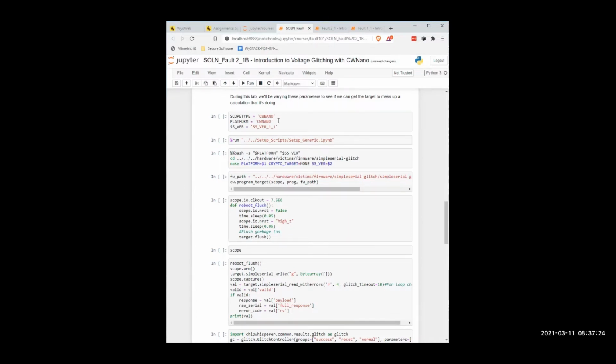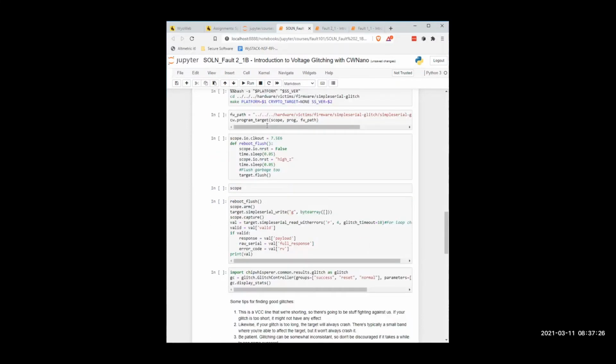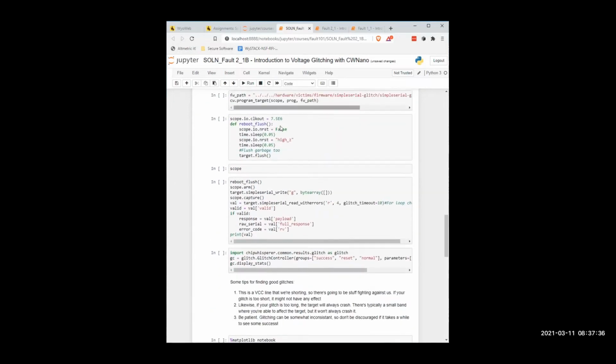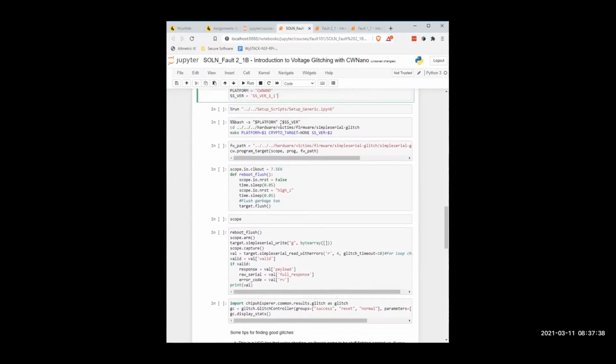All right, so now here's the question. If you go over to solution 2_1 and you attempt to run the first 5, 6 cells, do they even look the same?